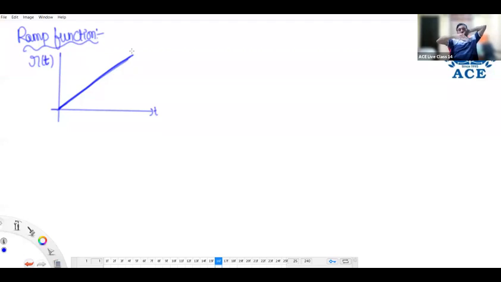Share value may increase by this many points or drop by this many points. Or when a target is moving at a constant velocity, a tracking antenna may be needed in order to track the plane. That is like a ramp function only.